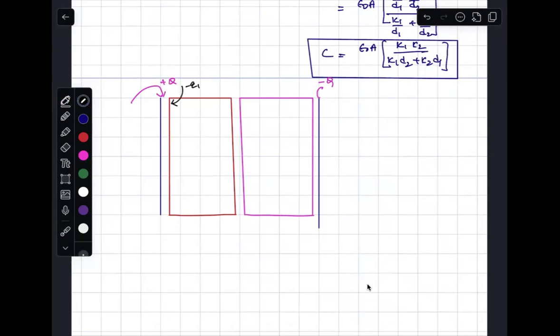Here the charge is plus Q1. Here the charge is minus Q1. Here the charge is plus Q2. Any confusion till this point?